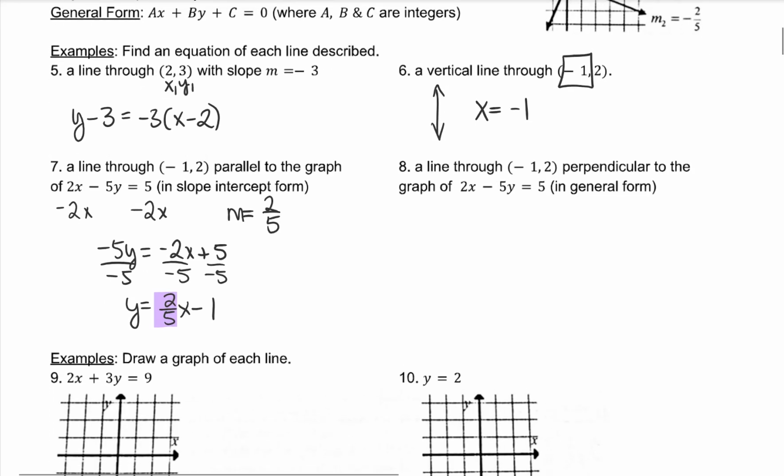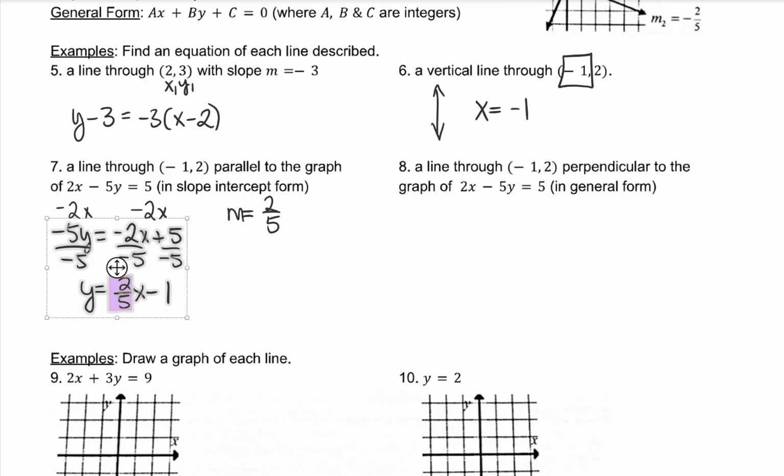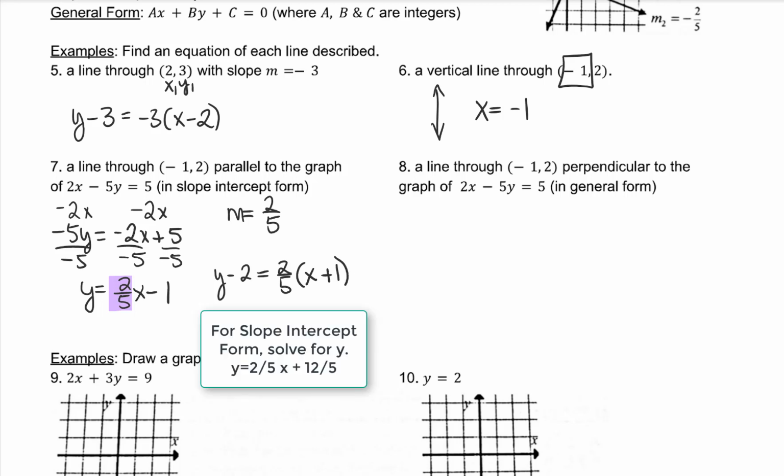And because our line is parallel, we want it to have the same slope as this current line. So that would be a slope of 2 over 5. So y minus the y part of the point equals slope times x minus the x part, so x plus 1.